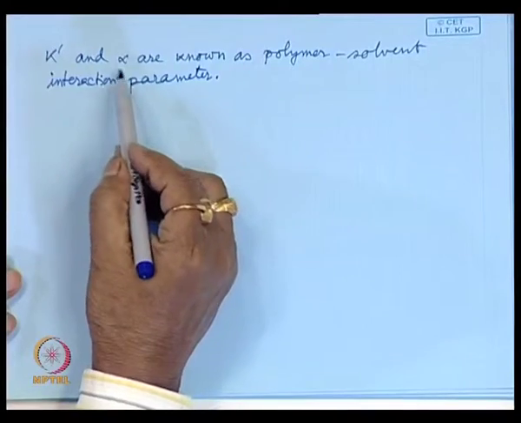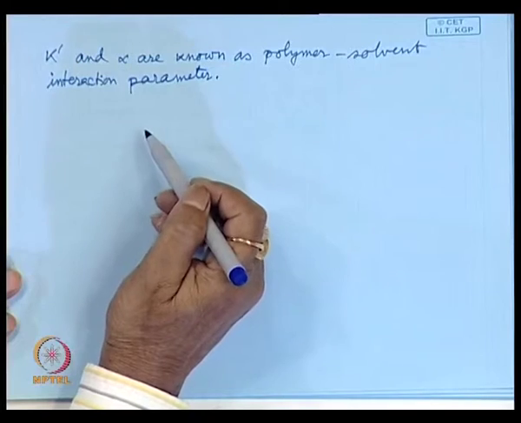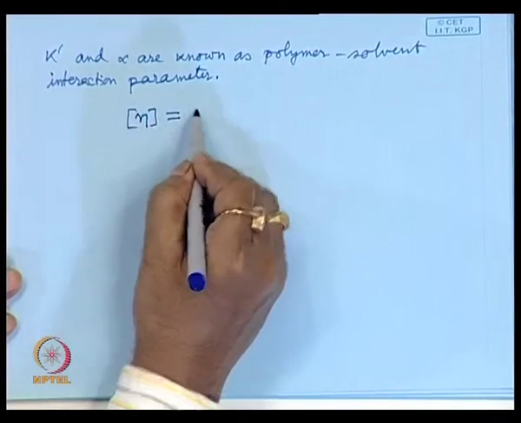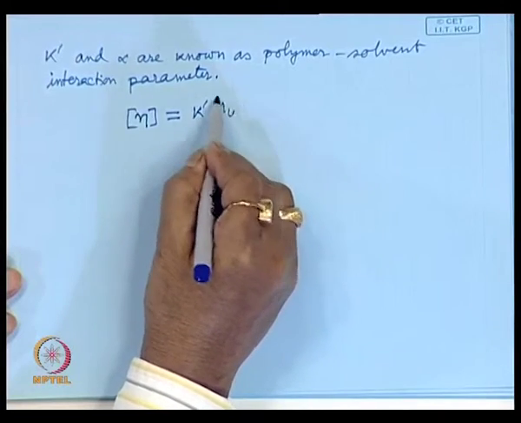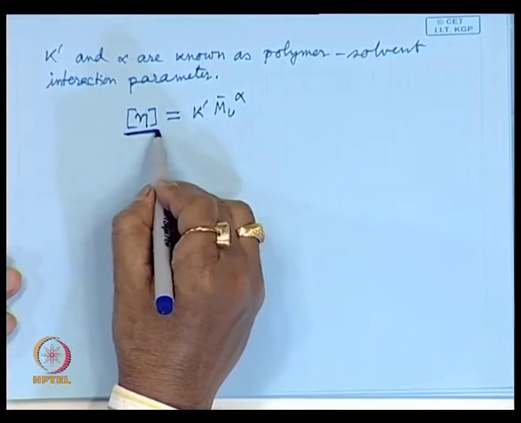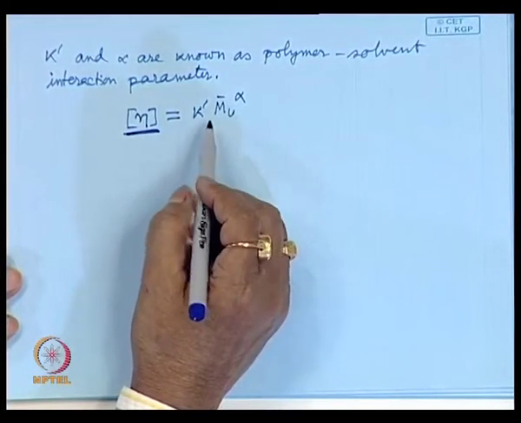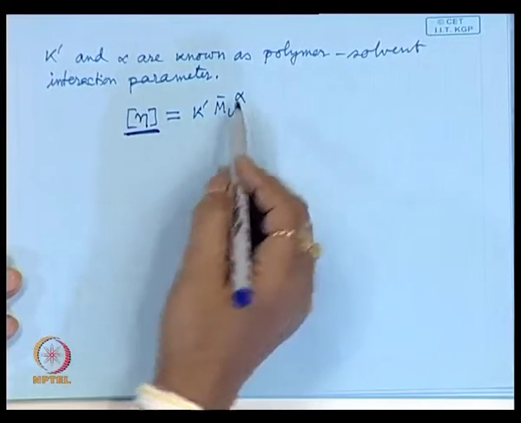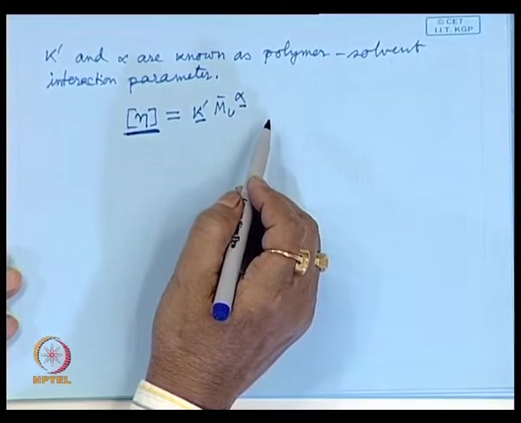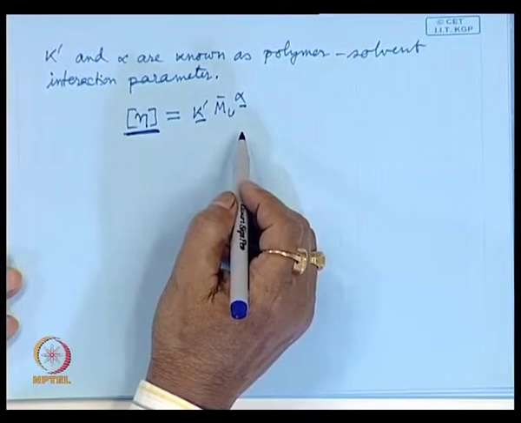So, here K prime and alpha are polymer solvent interaction parameters. If those values are known for a system, then from the relation eta intrinsic equals K prime M v bar to the power alpha, you get an experimentally determinable parameter from flow times, and these are available from a data book at a particular temperature, because the viscosity is measured at a constant temperature by immersing the viscometer in a thermostatic bath.